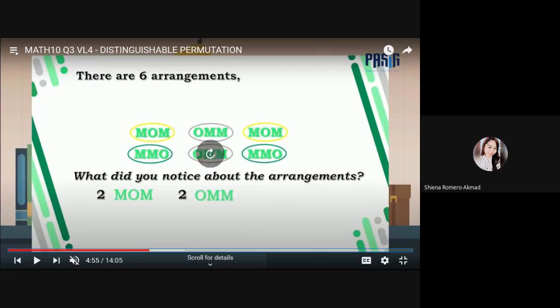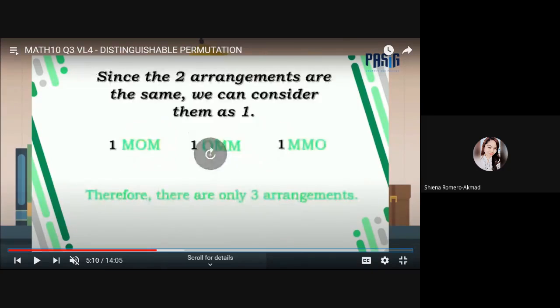Of course, there are 2 MOM, 2 OMM, and 2 MMO. But since they are the same, we will consider them as 1. So if we consider them as 1, tatlo lang talaga yung arrangement na meron tayo. There are only 3 arrangements.